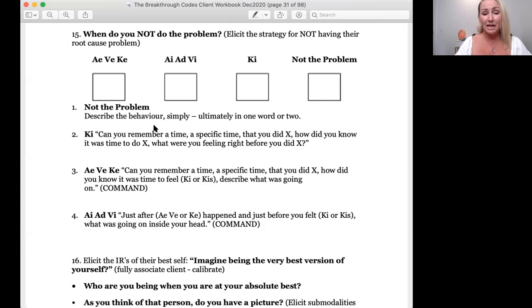Look at your client as magnificent. Anchor them as being magnificent. Anchor that in yourself of seeing them as magnificent. The problem is always separate to them. They are not their behavior. You know that already. That's one of the NLP presuppositions.